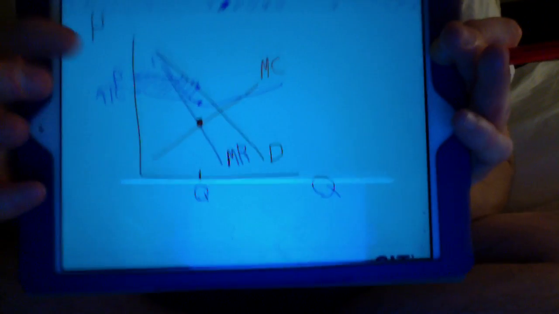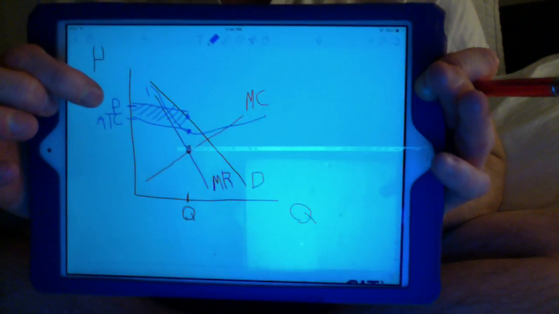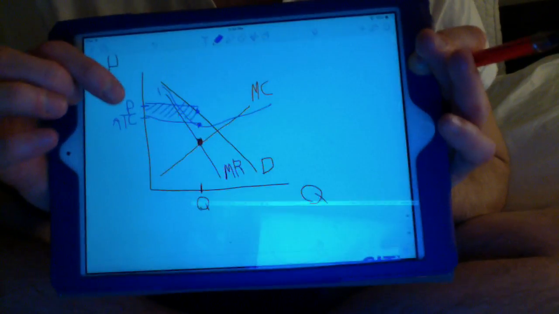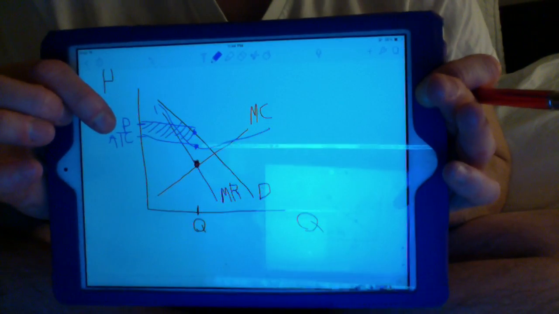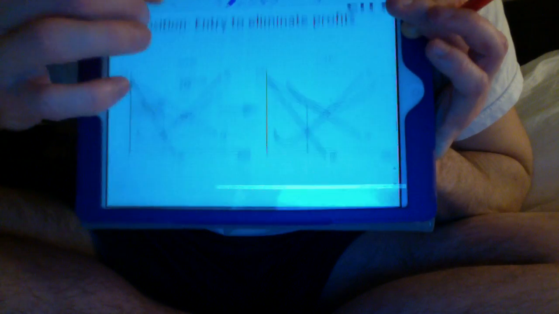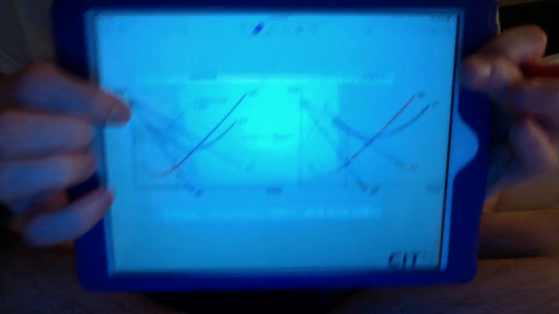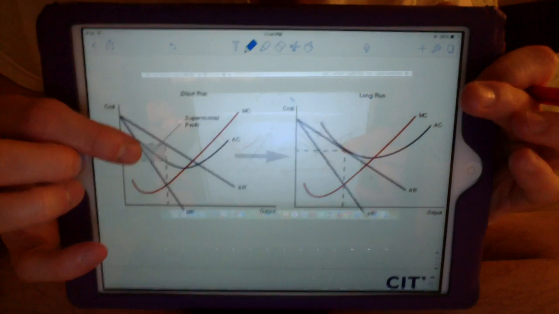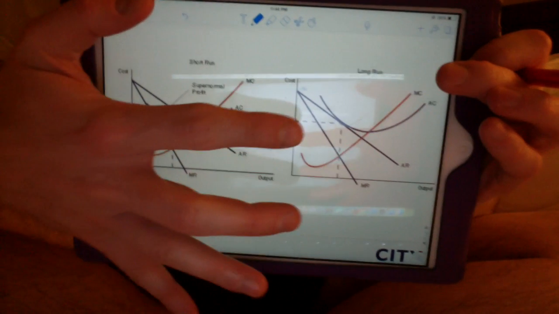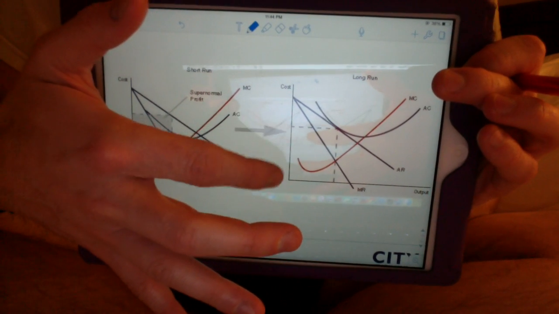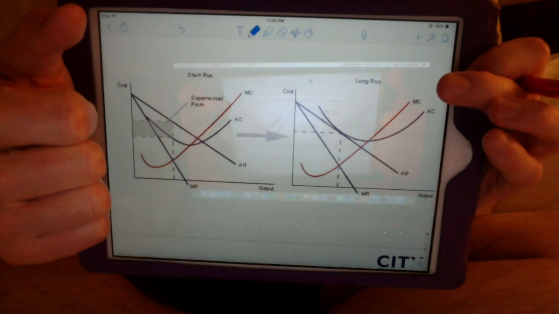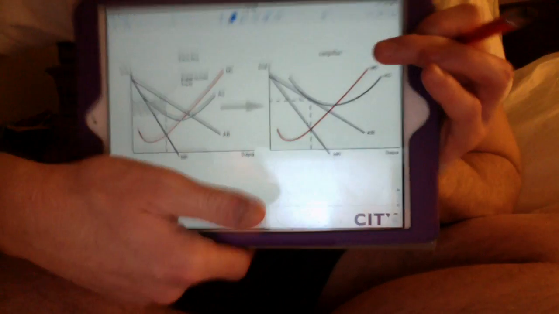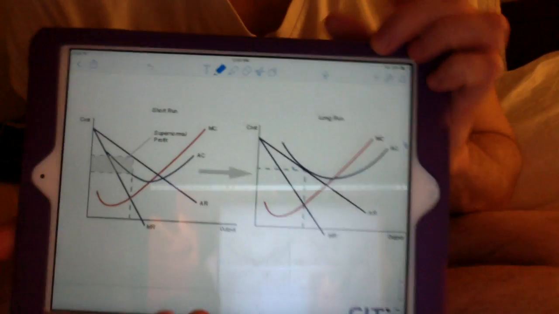What will happen? I want you to think about that for a second. Well, people are making money. Other people see them making money. What are those other people going to do? They're going to enter the market. So before we were making money, here's the profit. This is exactly what we just did. Now, other firms enter. You got the same marginal cost, but now our average costs shift, and what we're going to get is this tangency point right here.